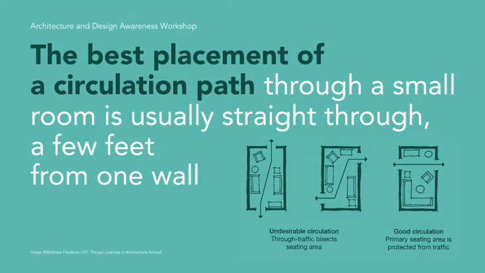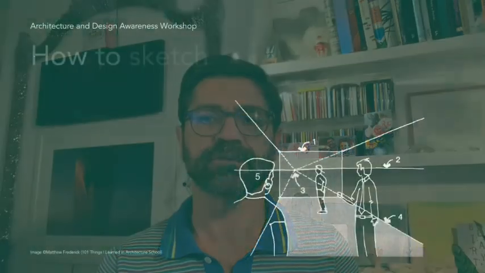You should avoid designing a circulation path diagonally through the room or parallel to its long axis, as this will lead to uncomfortable furniture arrangements, and it will prompt people to walk around the room in a way that will disturb the daily routine of the primary users.